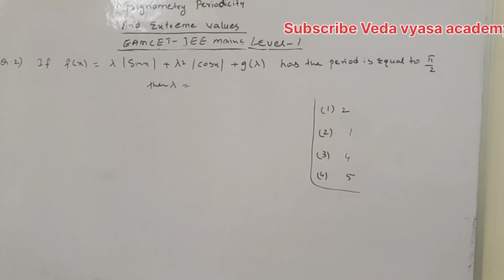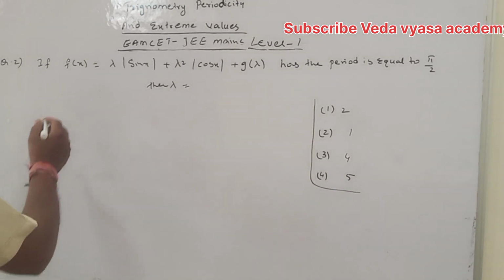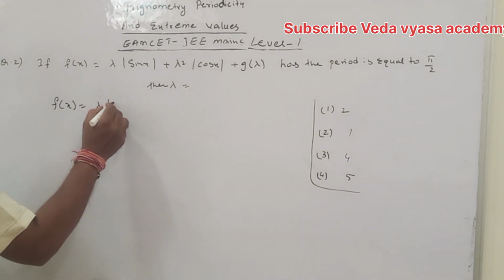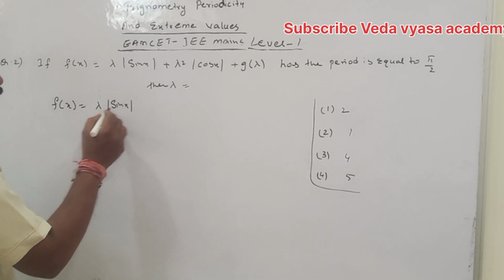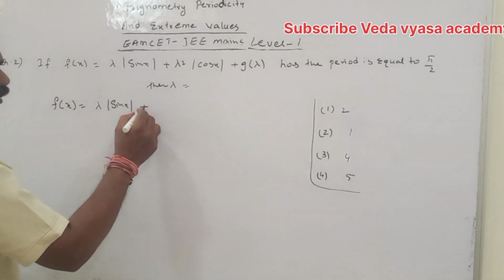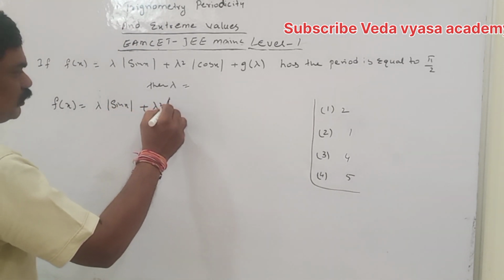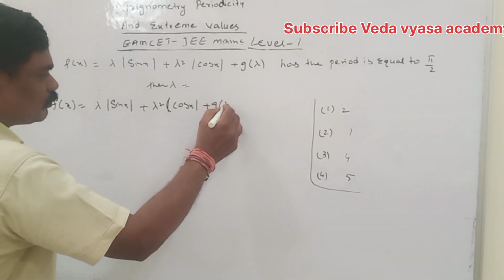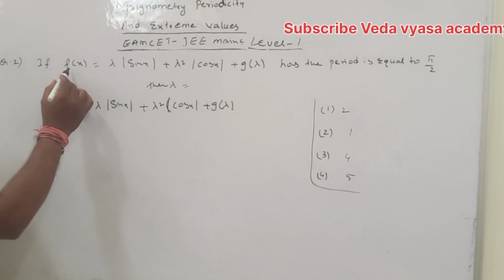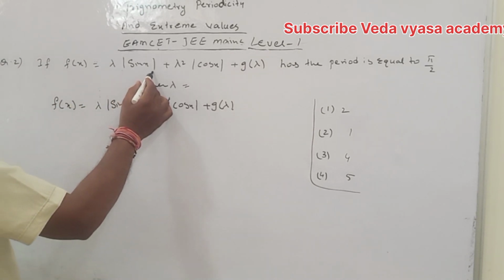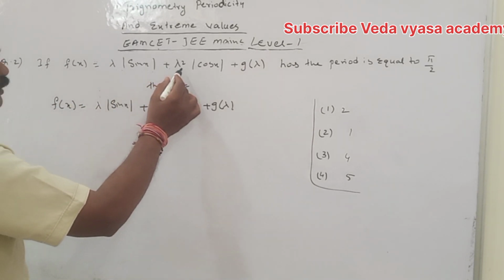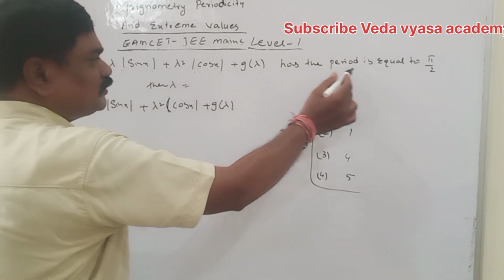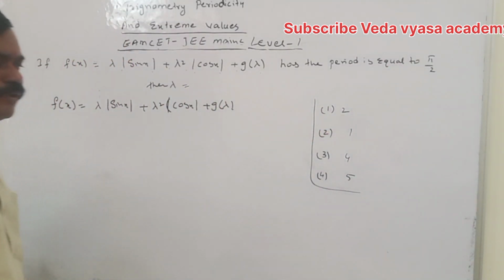Dear viewers, we have the problem: f(x) = λ|sin x| + λ²|cos x| + g(λ), with period equal to pi by 2.